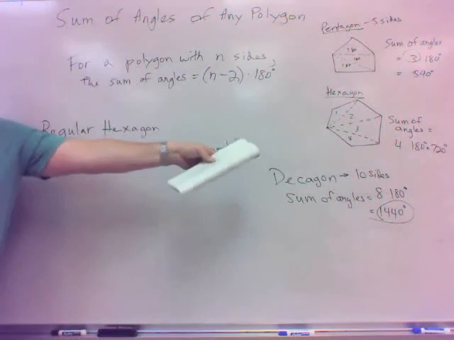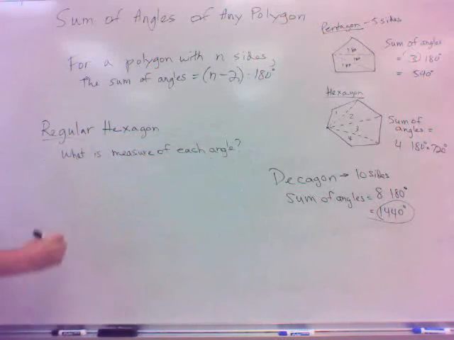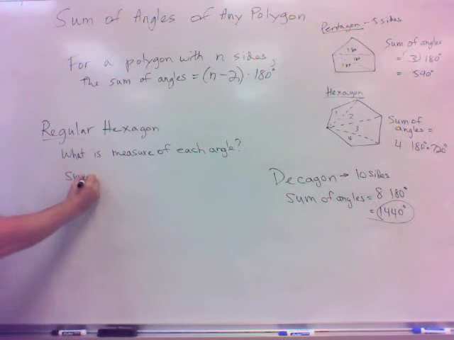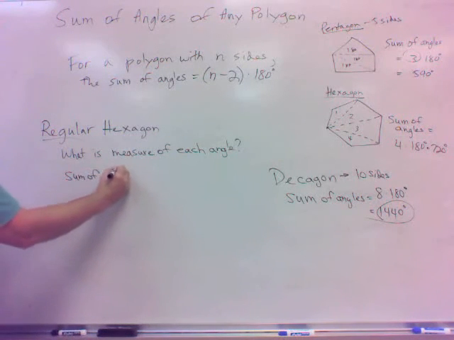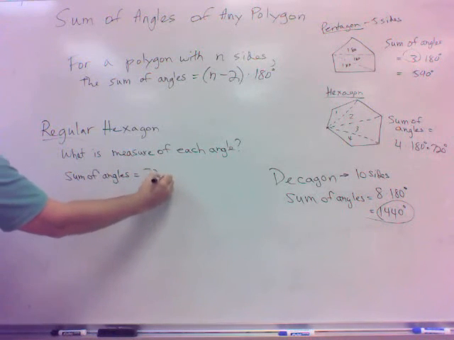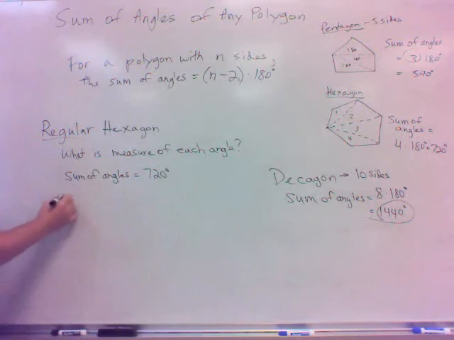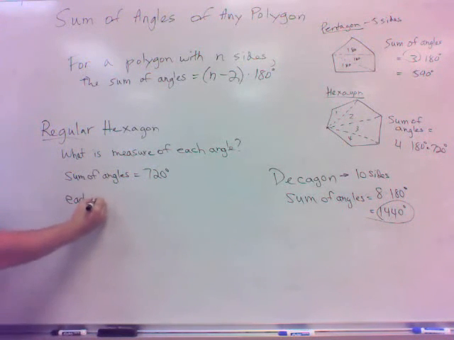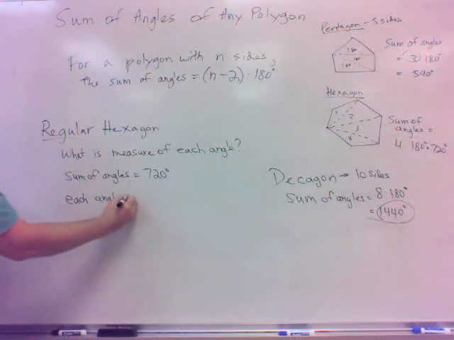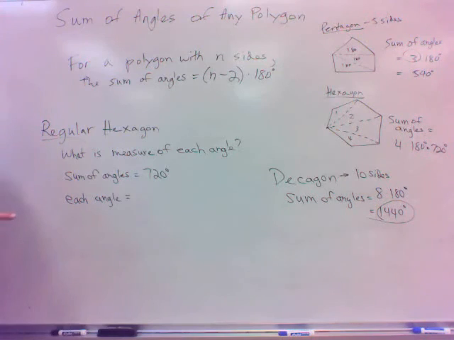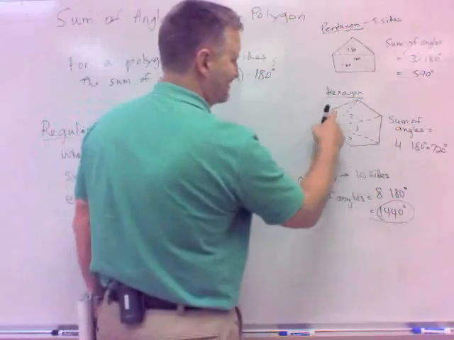Well, I know the sum of the angles is 720. I've got it right there. So wouldn't each angle, we'd have to divide it up equally there? How many angles are there in a hexagon? Well, if there's 6 sides, there's 6 angles, isn't there? 1, 2, 3, 4.